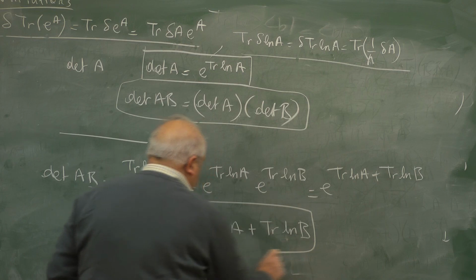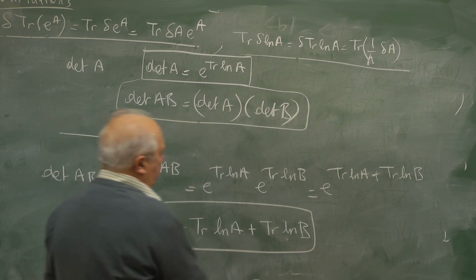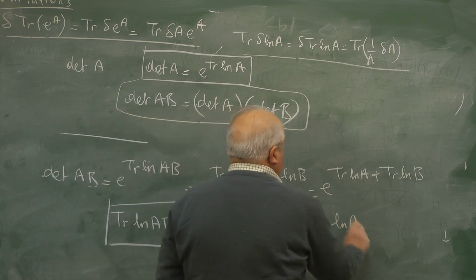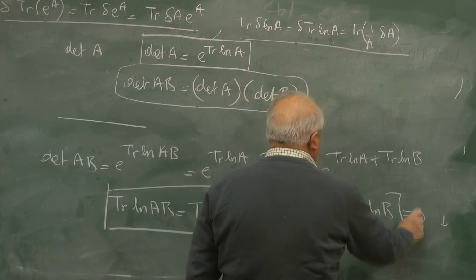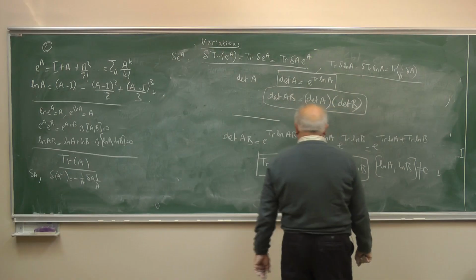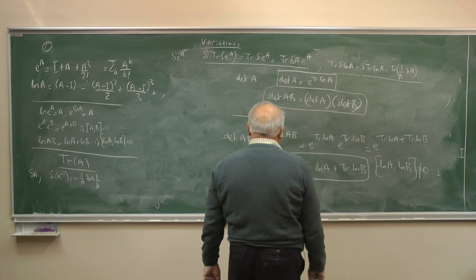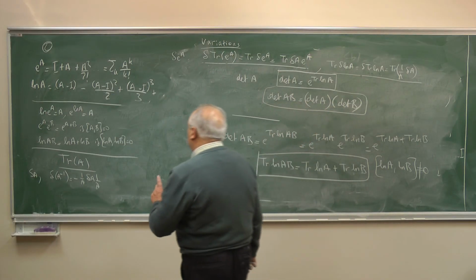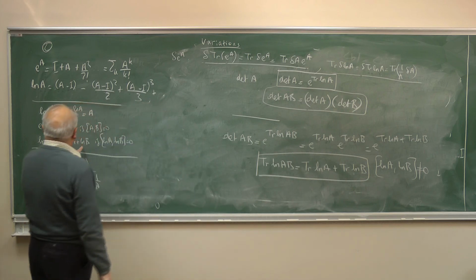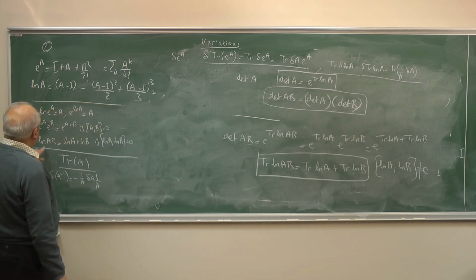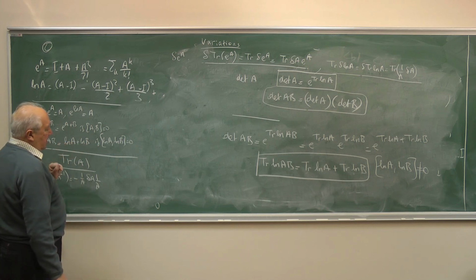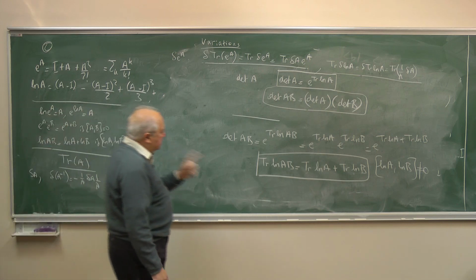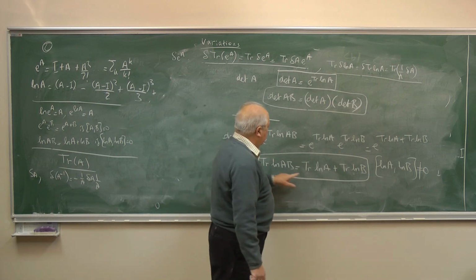Even if log A and log B do not commute, log A, log B not equal to 0. That means here we could not write the relation log AB equal to log A plus log B, but their trace is equal.